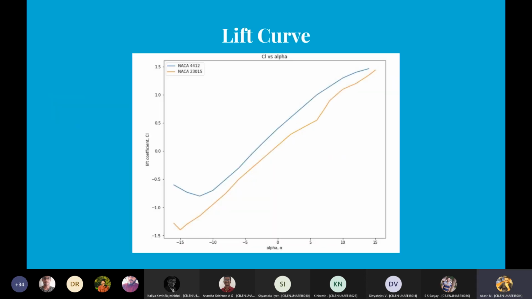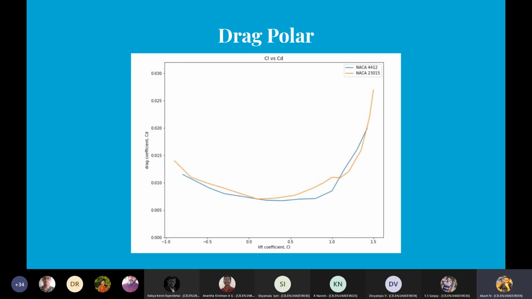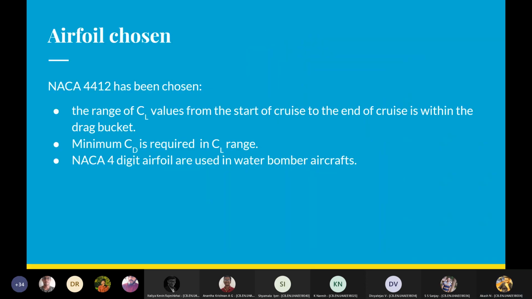We plotted the lift curve for both airfoils, and this is the drag polar for both. We have decided to go with NACA 4412 because the range of CL lies within the drag bucket, and for this range we have a minimum CD. On top of that, most water bomber aircraft go with a NACA 4-digit airfoil, so we have decided to go with this.